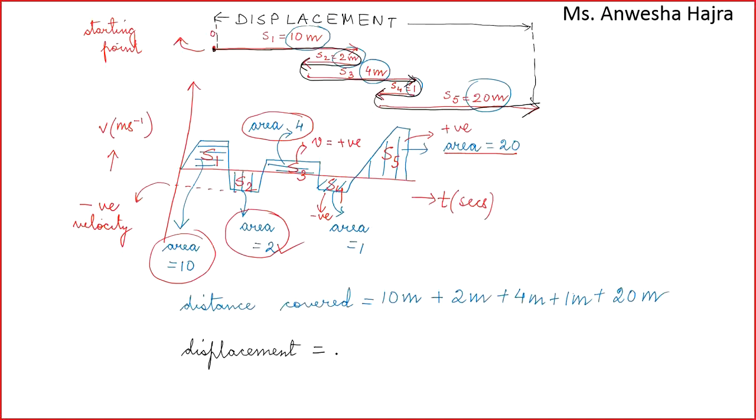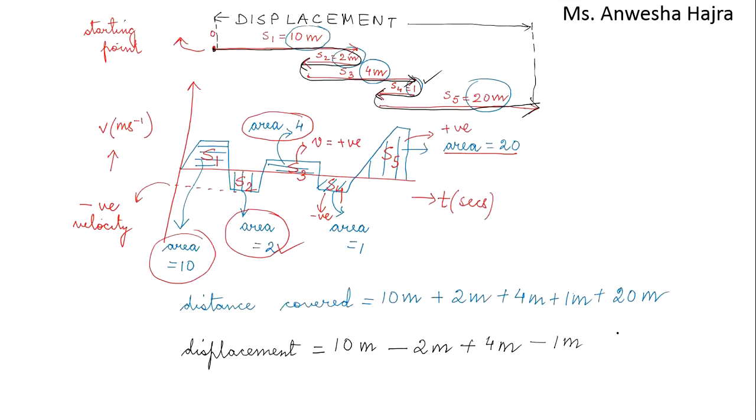When you find the displacement, I've gone 10 meters, I've come back 2 meters, so minus. Then again I've gone 4 meters, plus. Again I've come back 1 meter, minus. Again I've gone 20 meters, plus.